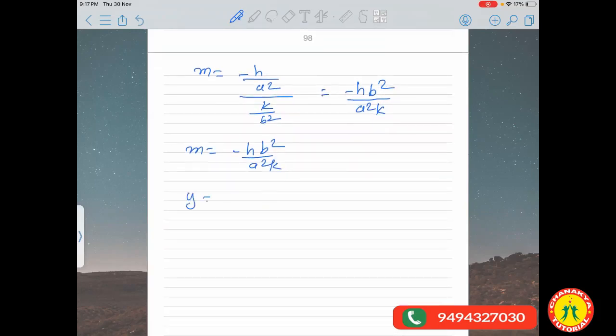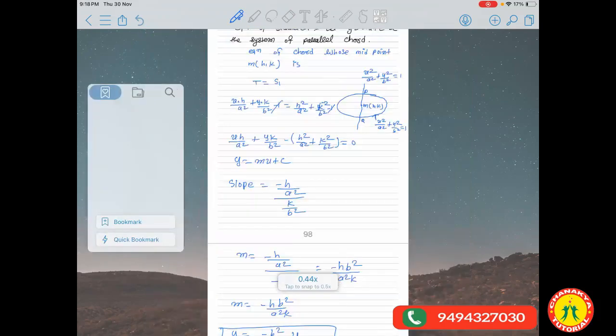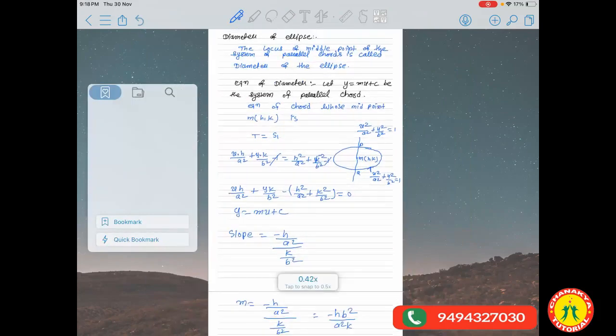So now y is equal to minus h b square upon a square m, right? So h is nothing but x, right? So we can write minus b square by a square m x. So this is the equation of chord. y is equal to minus b square by a square m, m is the slope of chord, into x. This is the diameter equation, the equation of diameter of the ellipse.